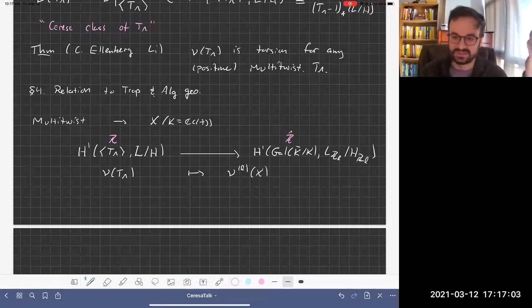If you're given any multi-twist, you can cook up some curve defined over C((t)) that has stable degeneration, and the tropical curve that you get from that carries the same data as this monodromy operator.